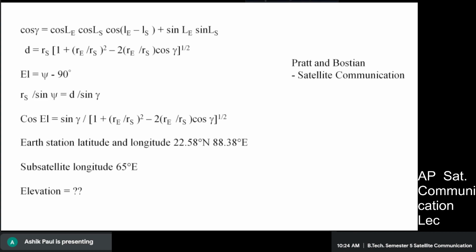Sir, I'm getting 49.9 degrees. Correct. Elevation, yes, sir. Let the others also give their values. Yes, I also got near 50.